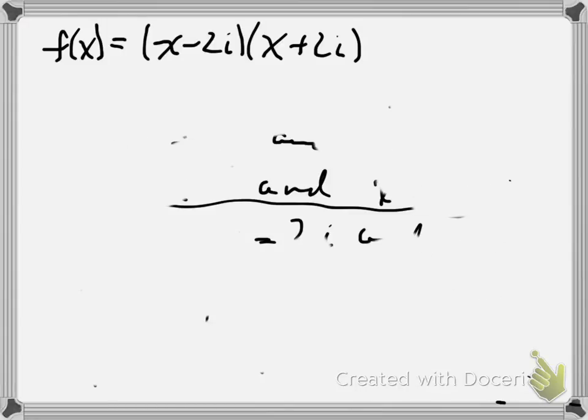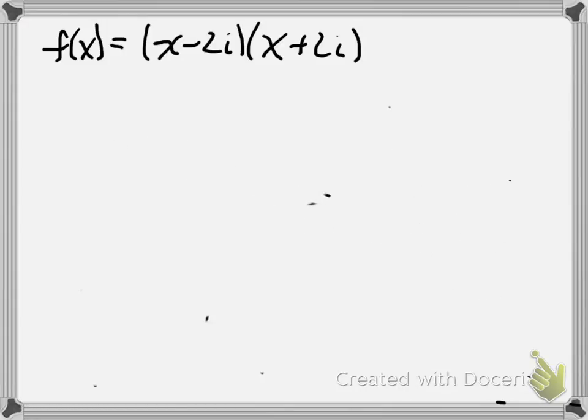Alright, and if you notice, this is a difference of squares here, so we're going to have x squared, and then the middle terms will go away, so negative 2i times x added to 2i times x goes away.